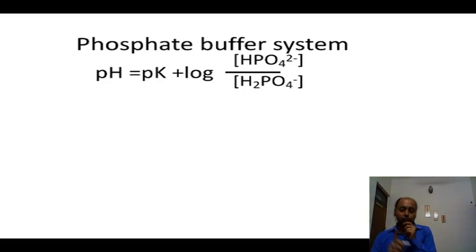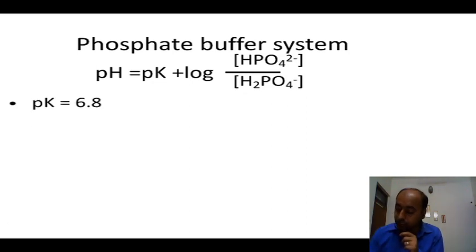The very important point to note is what the base and acid are in the phosphate buffer system. Okay, that is the first point. Second, what is the pKa for the phosphate buffer system? That value is 6.8.